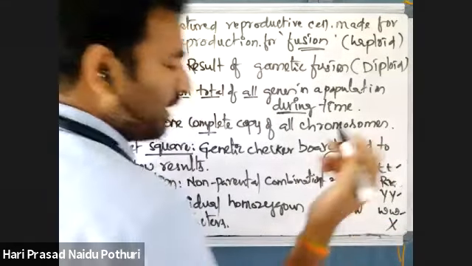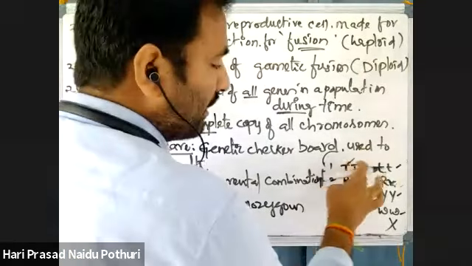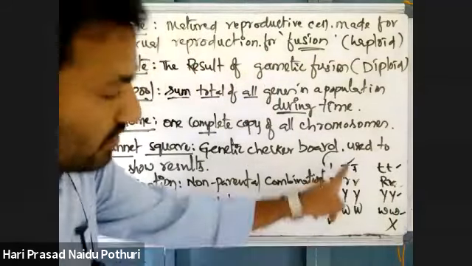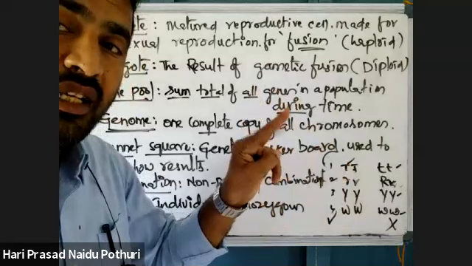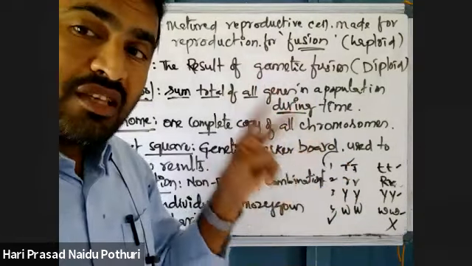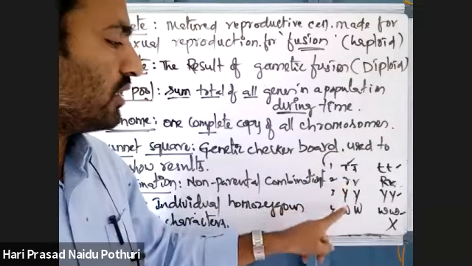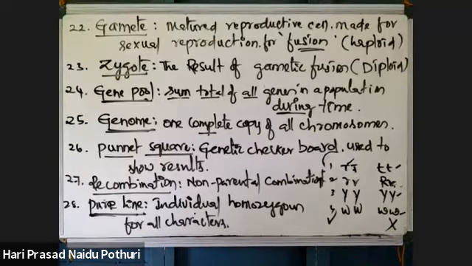This is a pure line, capital T. Suppose here roundness is small, this is also a pure line only, because every character has two alleles, and the two alleles of every gene must be in homozygous condition. If every gene is in homozygous condition for all characters, then that variety is called a pure line variety.